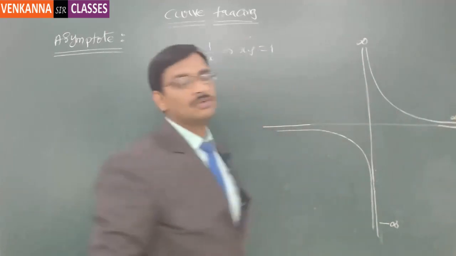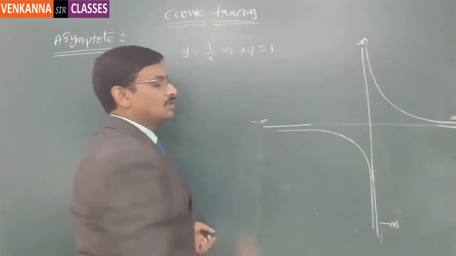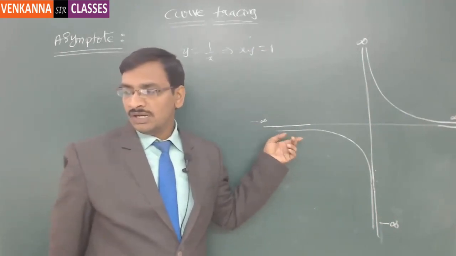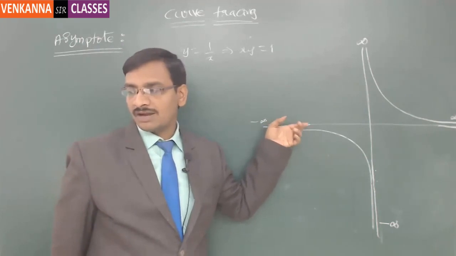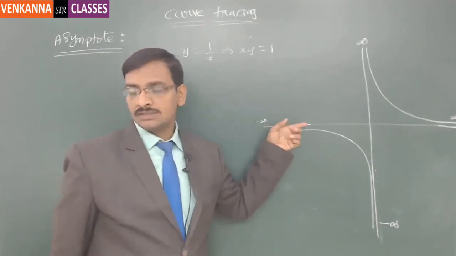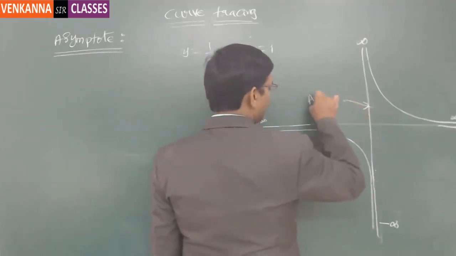That means this curve will never touch or cross this line. And this line, for this curve, we call the asymptote. So these two are nothing but the asymptotes.